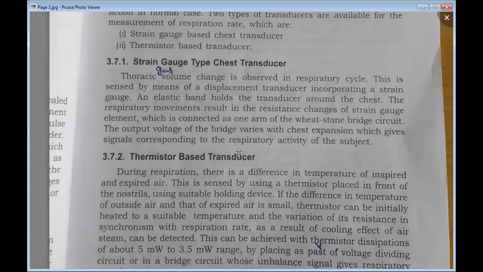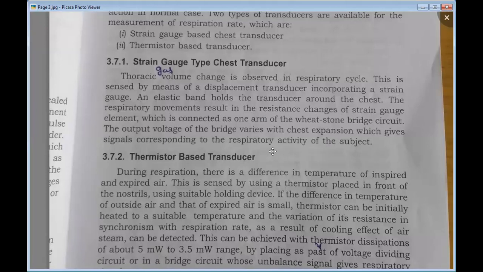So by using the strain gauge type chest transducer, we will use the strain gauge as the sensor. We will fix it around the chest. The respiratory movements result in a resistance change in the strain gauge.